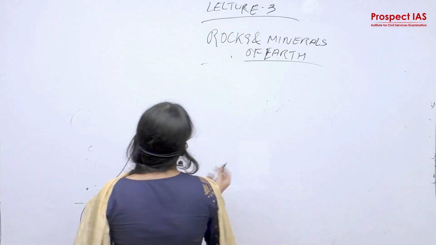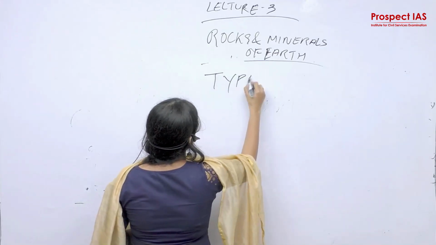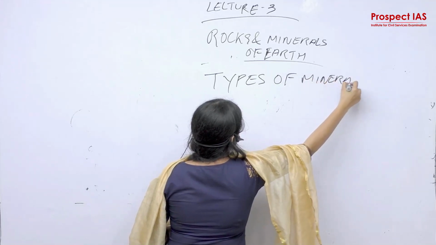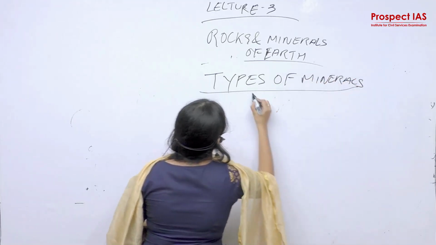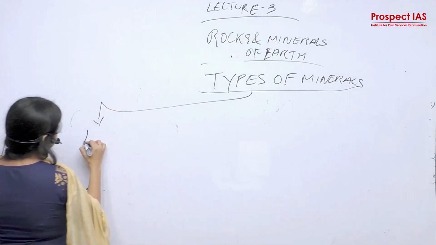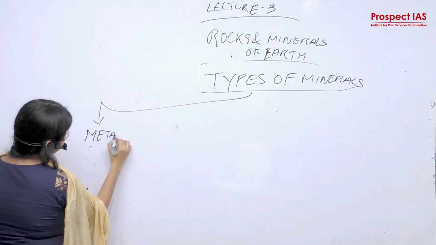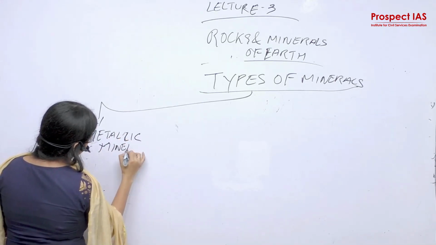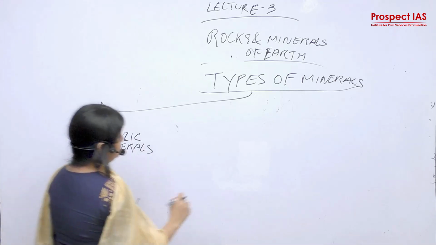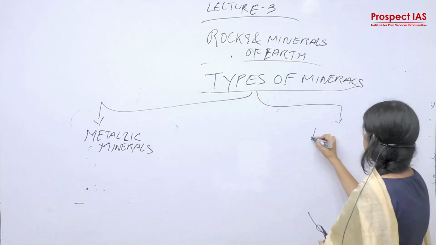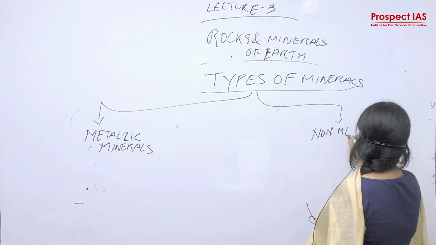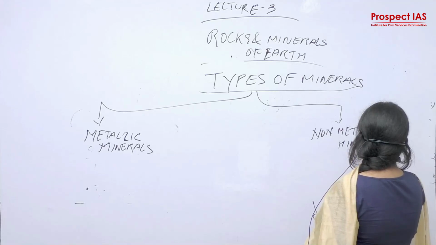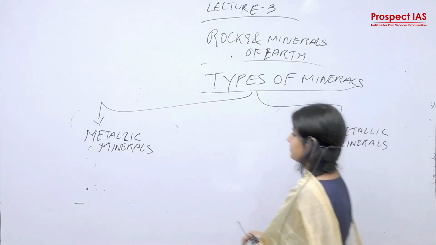So what are the types of minerals? First, metallic minerals. Second, non-metallic minerals, right?